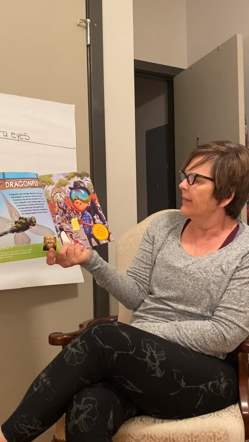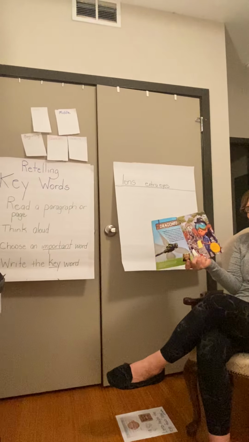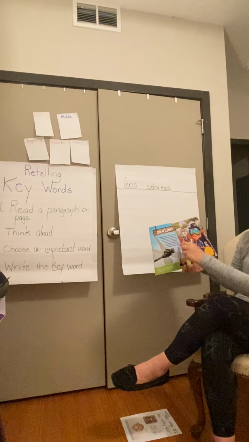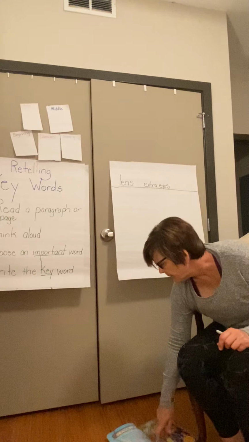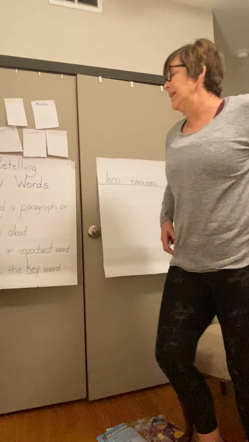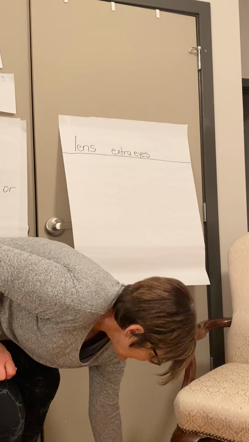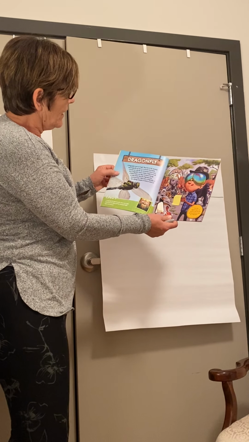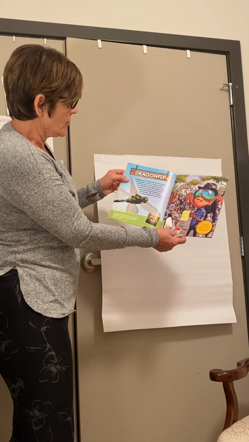All right, let's do a sentence or two using our key words, because it's going to tell us what this was about that we just read. So this first part we said lens. One of the things it said, and remember, a good reader will go back and say, well, I know the keyword was lens, but let me see if something will help me to refresh.